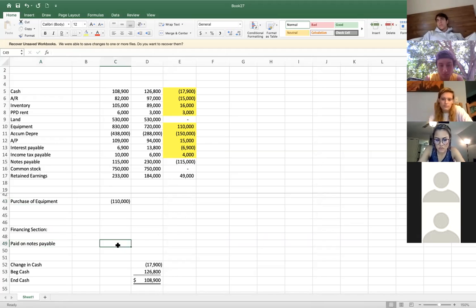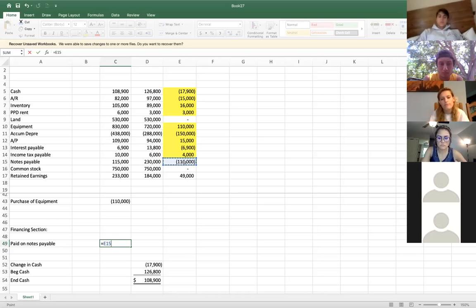And if my notes payable decreased, am I going to add it or subtract it? Think about cash. If my liabilities went down, did I use more cash or did I use less cash? Use less cash. So then how did I pay for my liabilities if I didn't use cash? What did I pay with?